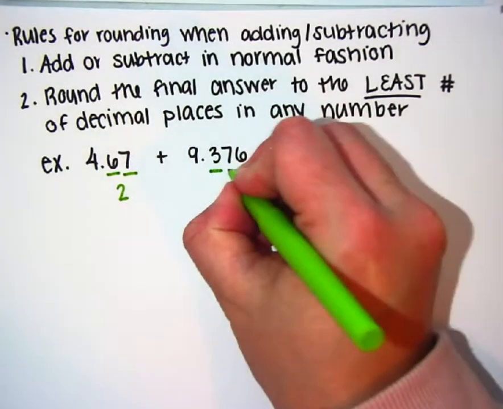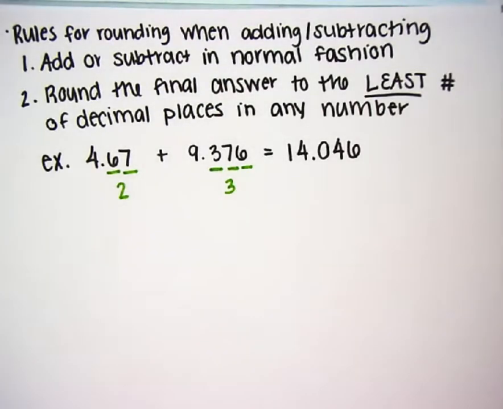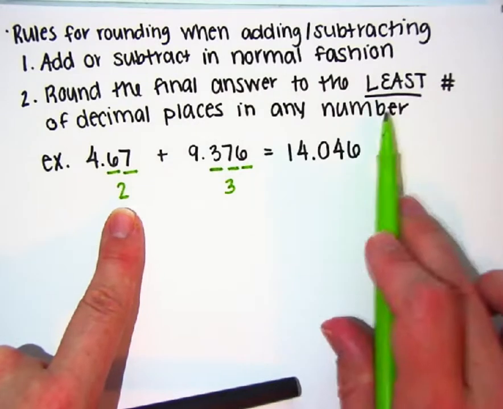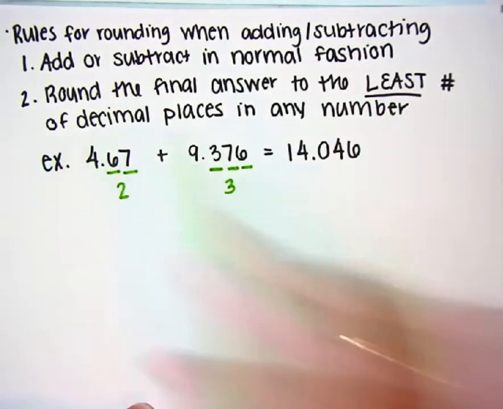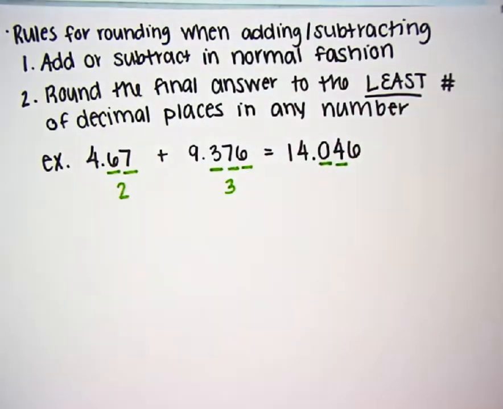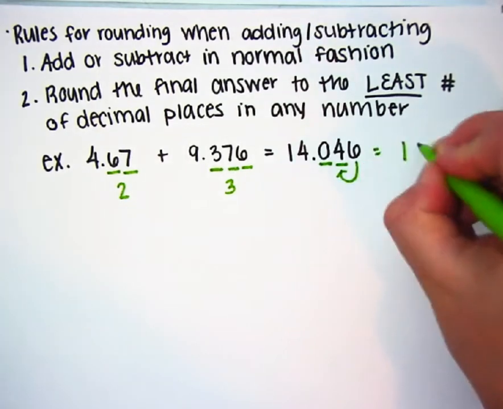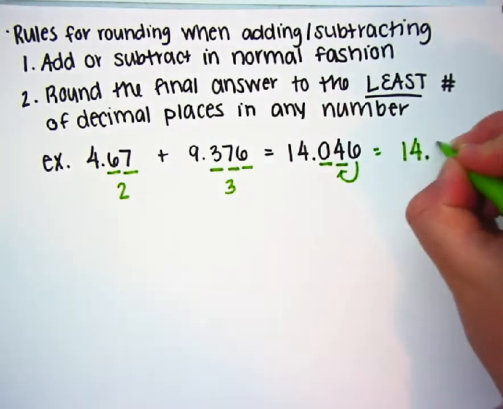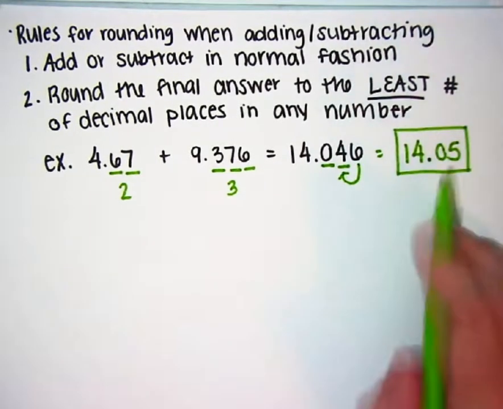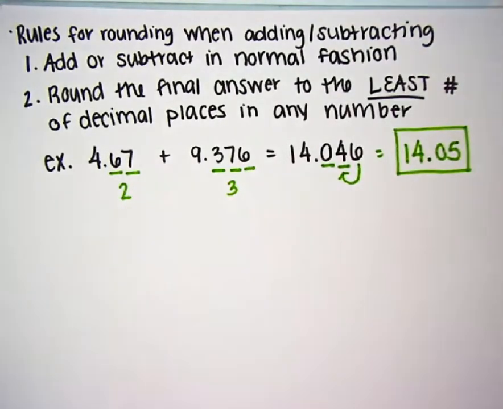My third number has 3 decimal places. That means my answer could only have 2 decimal places because we're going to go to the least number of decimal places. 1, 2. The next number is 5 or above, so we're going to round up. My final answer would be 14.05. It could only have 1, 2 decimal places because this number has 2 decimal places.